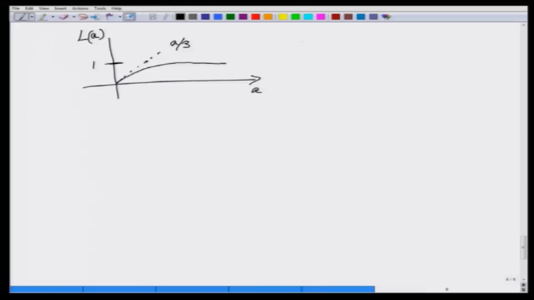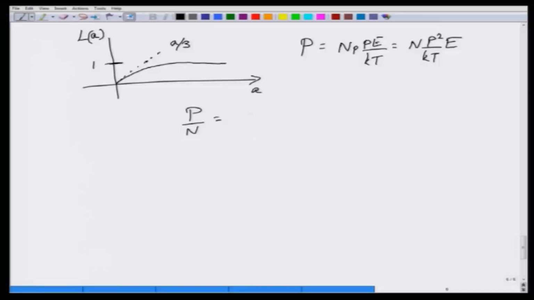So, for small values, the polarization density will be equal to a by 3, and a I know is pE by kT. There was n into p earlier, so this becomes p square by kT times n times the electric field. Now, I want to find the polarization per molecule or per dipole, that would be P by n.